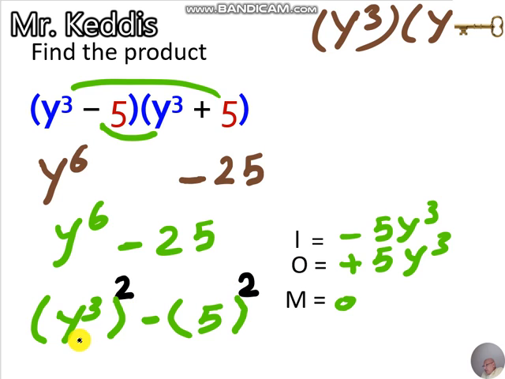And this becomes the difference between two squares. When you factor this, you factor y cubed minus 5 and y cubed plus 5.